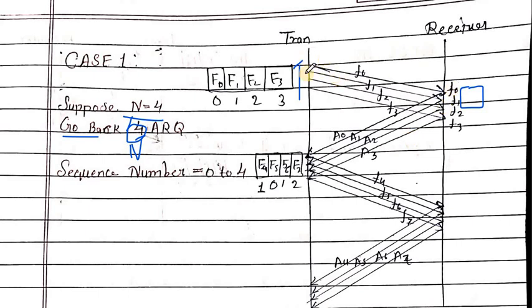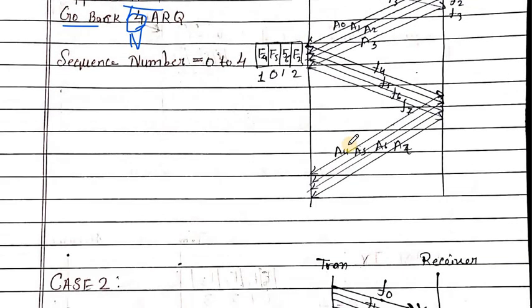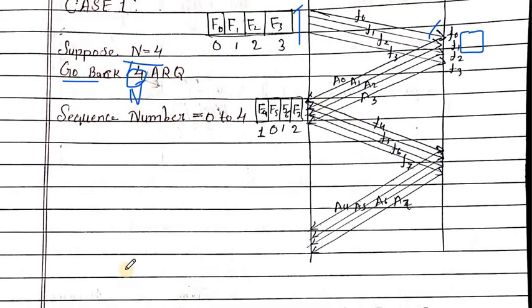When the receiver receives F0, it processes it and sends an acknowledgement. Then F1, process it, send acknowledgement. F2, process it and send acknowledgement. The same thing happens.